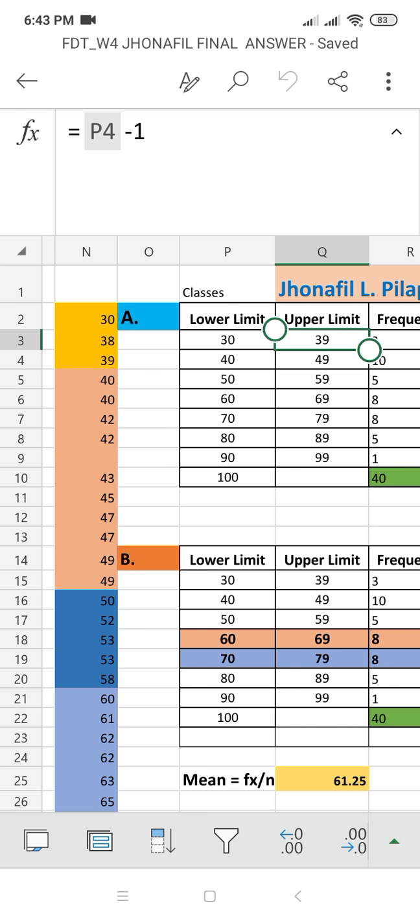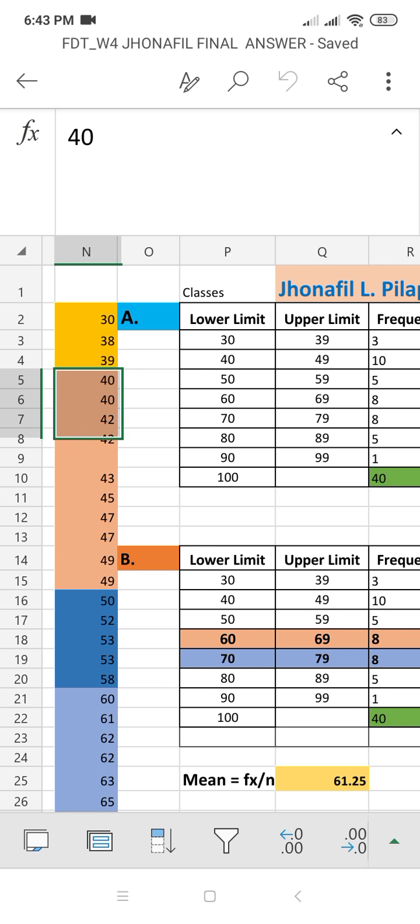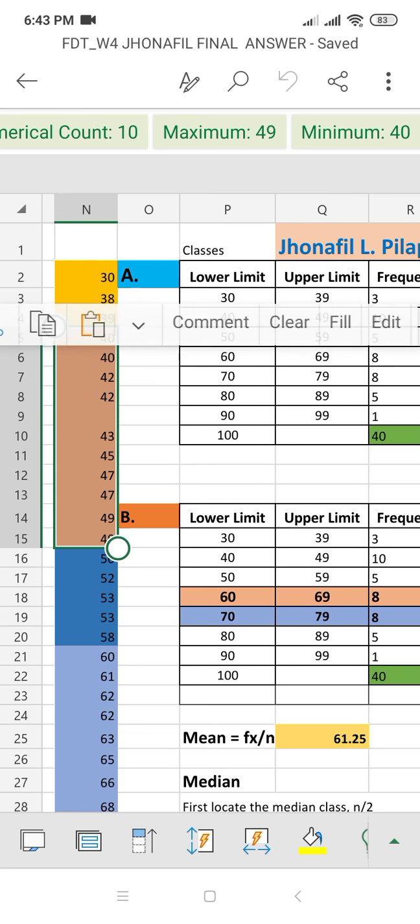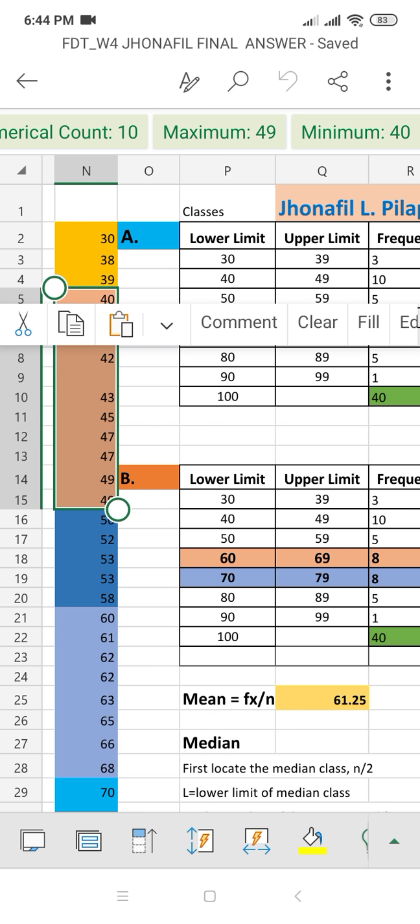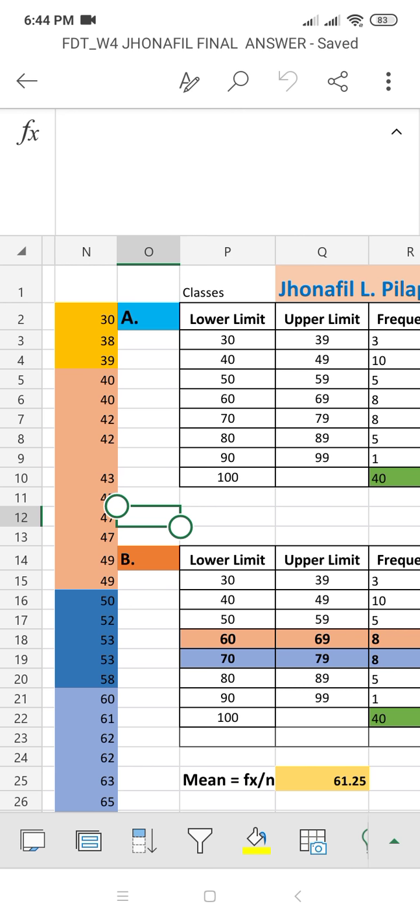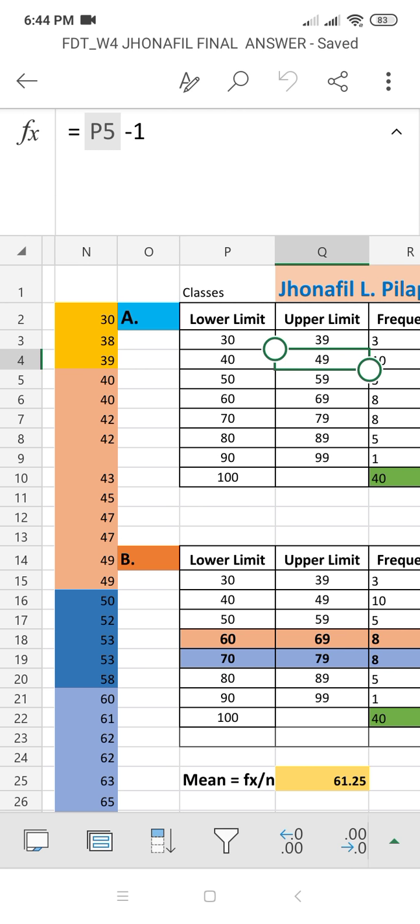Then next we have number 40, then up to 49, it's 10 in all. Then their upper limit is 49. In getting the lower limit, we have to add 10.